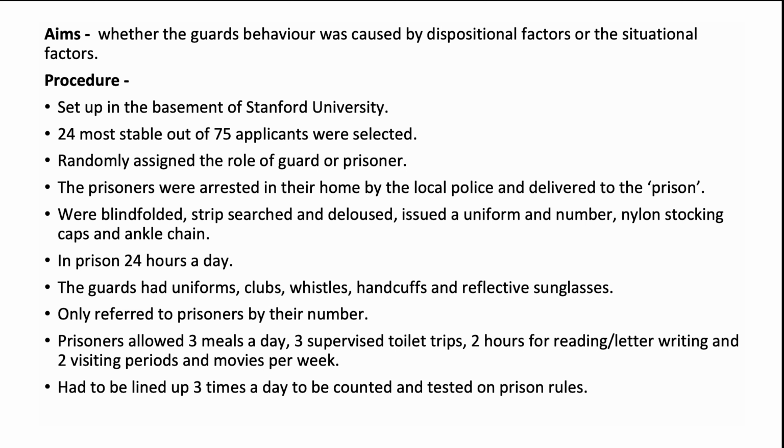The guards had uniforms, clubs, whistles, handcuffs and reflective sunglasses, and they could only refer to the prisoners by their number. The prisoners were allowed 3 meals a day, 3 supervised toilet trips, 2 hours for reading and letter writing, and 2 visiting periods and movies per week. And they had to be lined up 3 times a day to be counted and tested on prison rules.